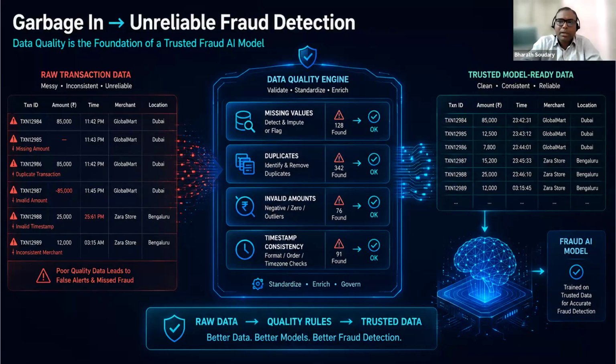Second, duplicates. The same transaction may accidentally happen twice. For example, transaction ID 1001 appears two times. If this isn't corrected, the AI may think the customer made two transactions. Next, invalid amounts.